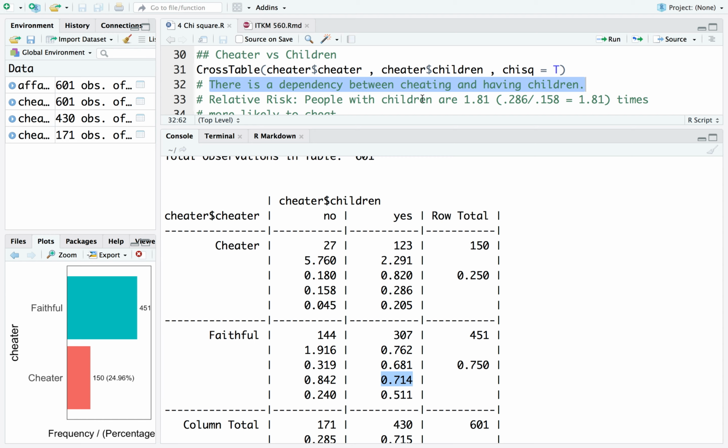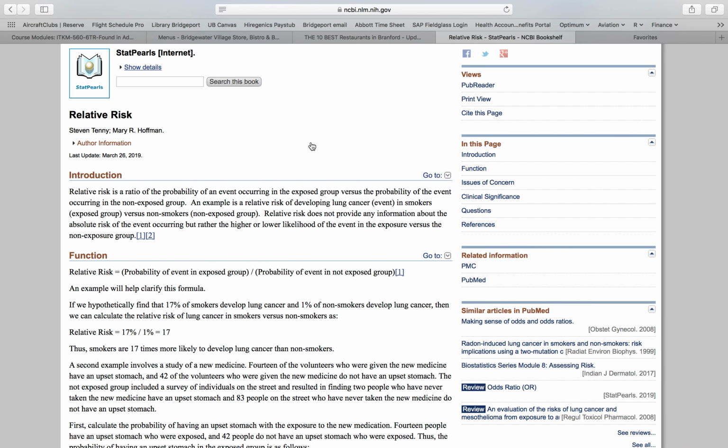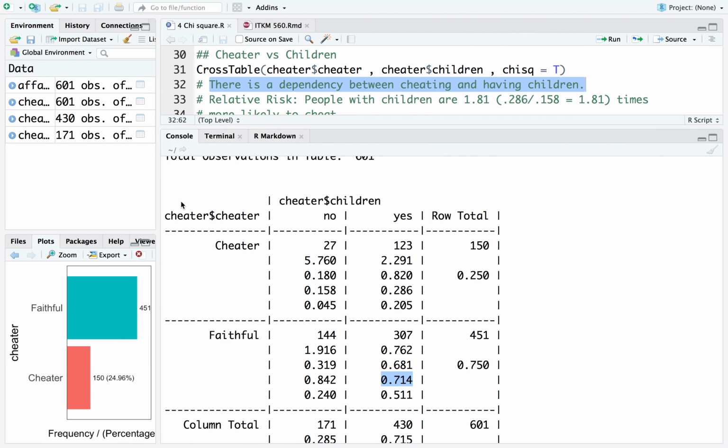So for relative risk, let's go here to a nice definition. Relative risk is a ratio of the probability of an event occurring in the exposed group versus the probability of the event occurring in the non-exposed group. What is the probability of cheating in the group exposed to children?